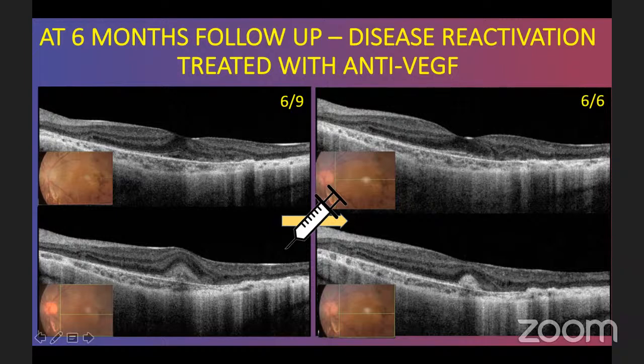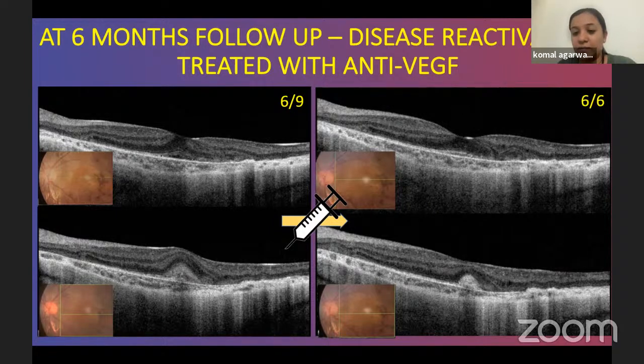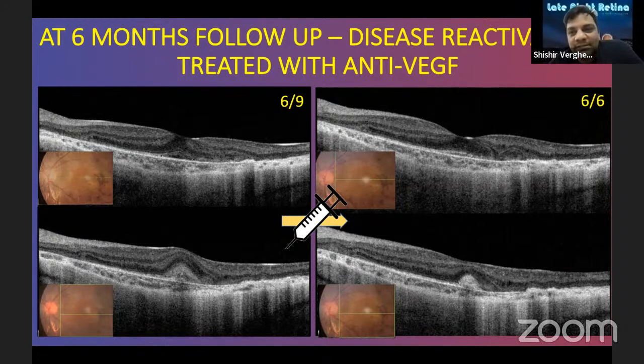Okay. So that's an interesting viewpoint. Dr. Sishir, you wanted to add something to that? Yeah. Just a question to the panelists regarding TTT. It has a better depth penetration as compared to focal laser. So do you think in that case, the TTT is the cause of the secondary CNVM which has come?